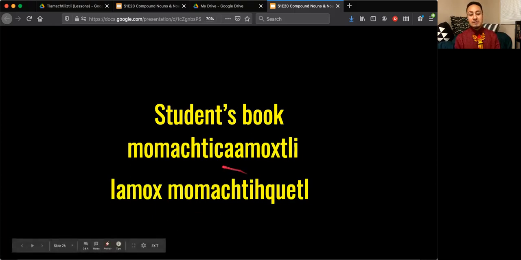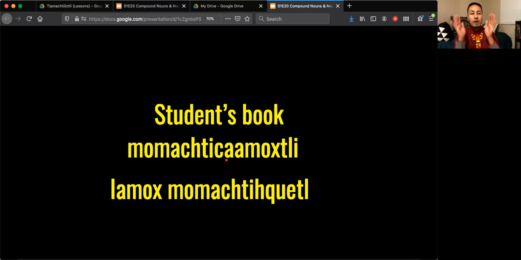The difference in meaning is that momachtika amoshli puts it as one word, the idea of a student's book, like a student manual.